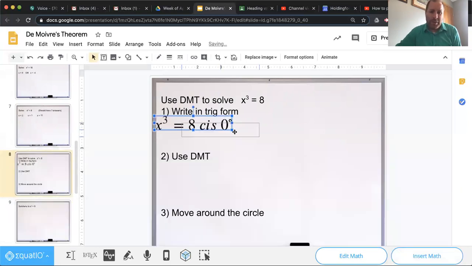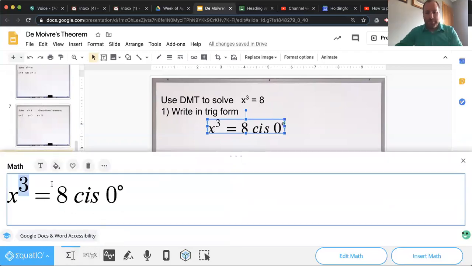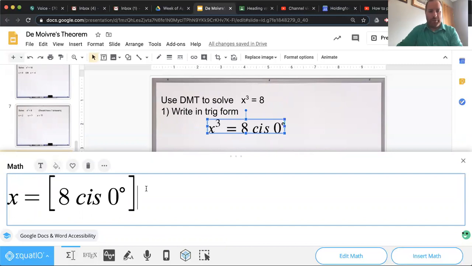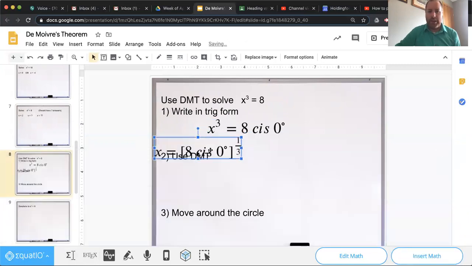So that's our first thing. We write that in trig form and then also take the third power. If it's a 3 over here, we would solve that by, instead of doing 3 here, doing the 1/3 power over here. That's what I'm going to put in there. And then we would solve that.